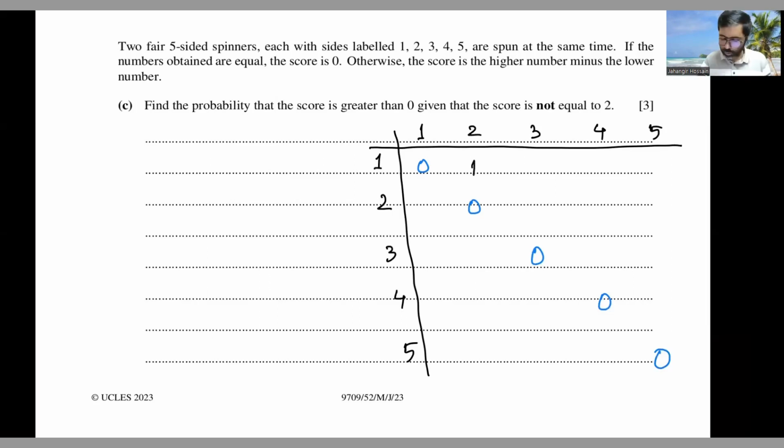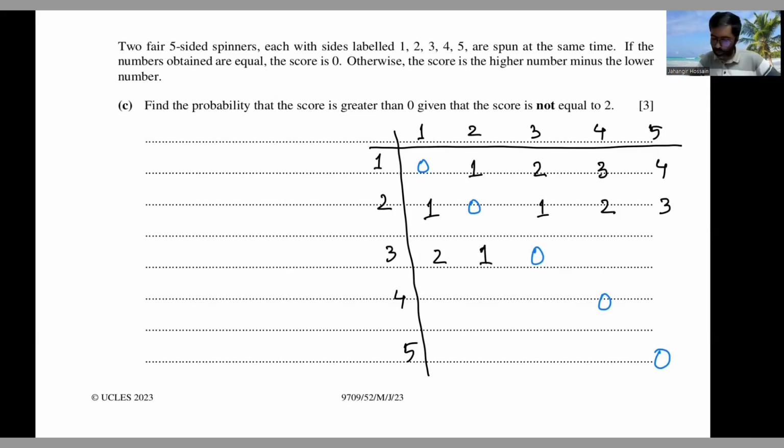Here, the outcome is 1, 2, so difference 1. Here 1, 3, difference 2. Here 1, 4, difference 3. 1, 5, difference 4. Here 2, 1, difference 1. 2, 2, 0. 2, 3, difference 1. 2, 4, difference 2. 2, 5, difference 3. Then we have 3, 1, difference 2. 3, 2, difference 1. 3, 3, 0.